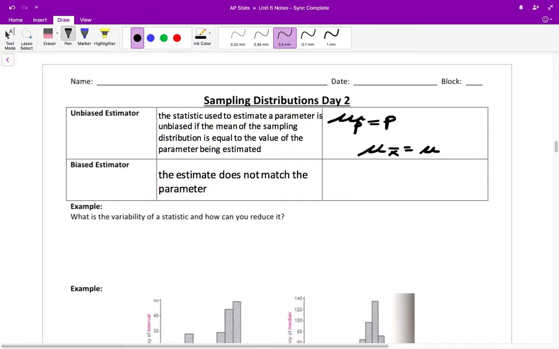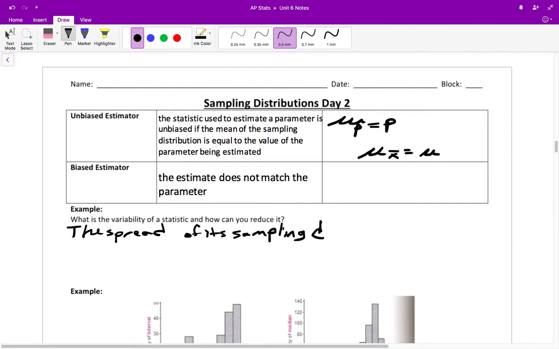Okay, so as an example here, what is the variability of a statistic and how can you reduce it? Here is what the answer to that would be. The spread of its sampling distribution. That would be the variability of a statistic, is the spread of its sampling distribution.